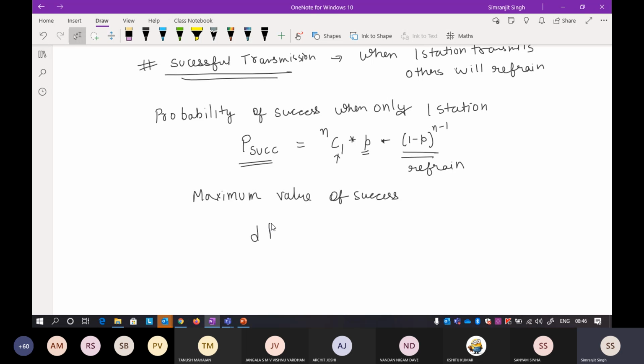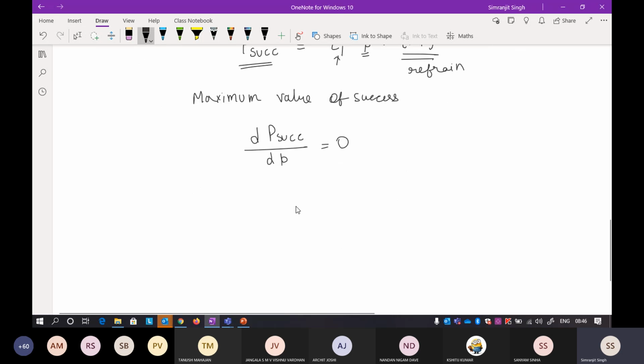So dP success over dp should be equal to 0. Differentiating it two times, you will see that the value is less than 0. I'm directly calculating it: when your p is 1 by n, your P of success is maximum.